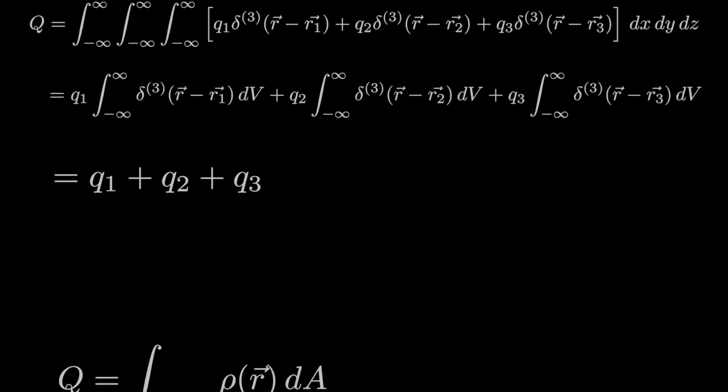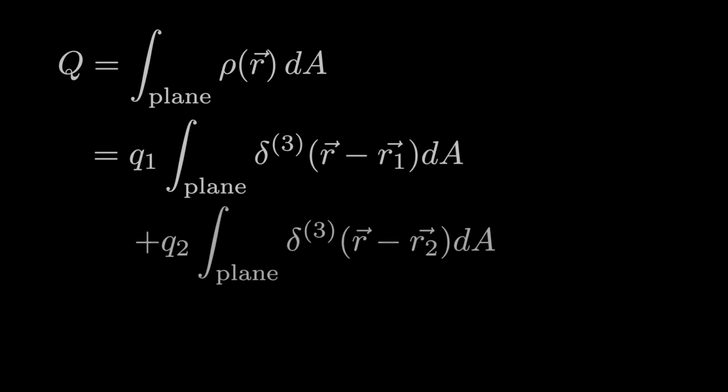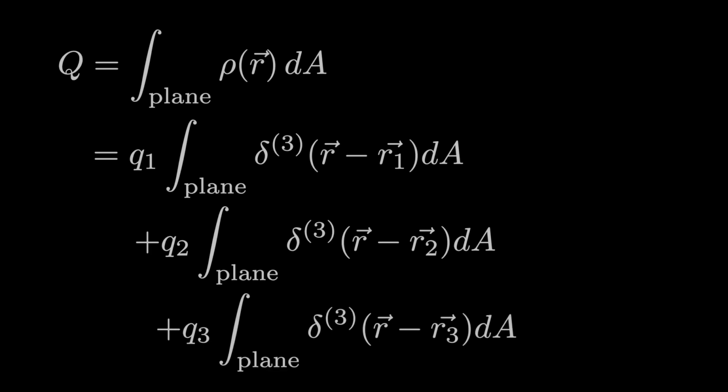But say, for example, that we start working in, let's say, a plane, and for our system of 3 point charges, let's say that Q3 doesn't fit within that plane, you wouldn't count that when you're doing your integration. Or in other words, it wouldn't fall within the bounds of integration, so it wouldn't be added in the total charge.